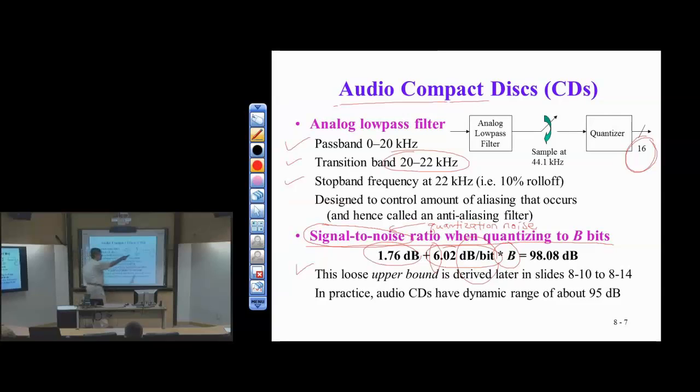If I give you the number of bits, it tells me what SNR I can achieve. If you know what the SNR is, you can work backwards to find out the number of effective bits that I can use in my representation. Give you an example. If I tell you that I have 8 bits in my quantizer, then 8 times 6 is 48, and then maybe plus 2 dB.